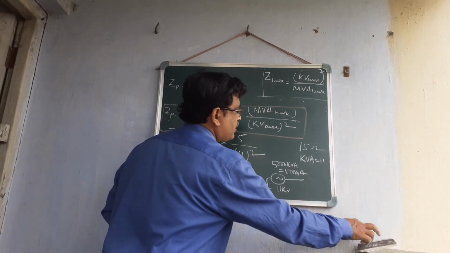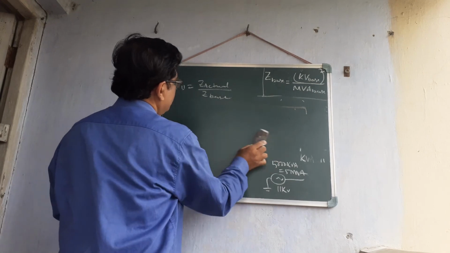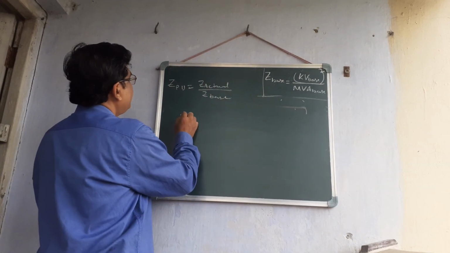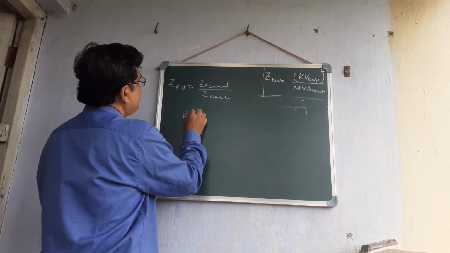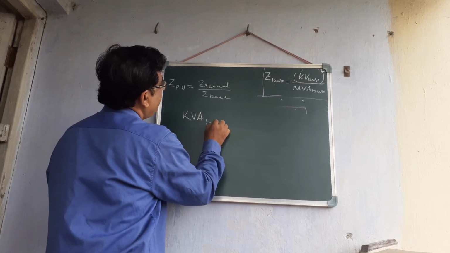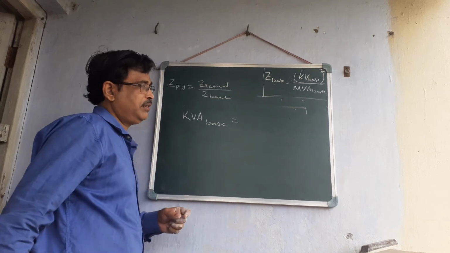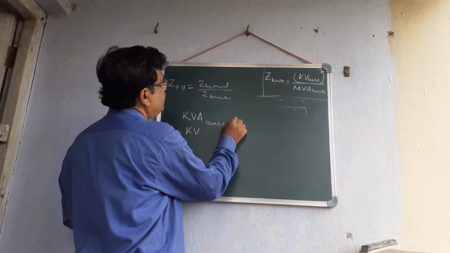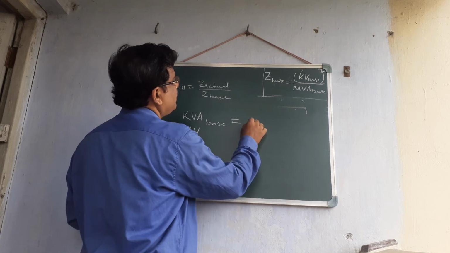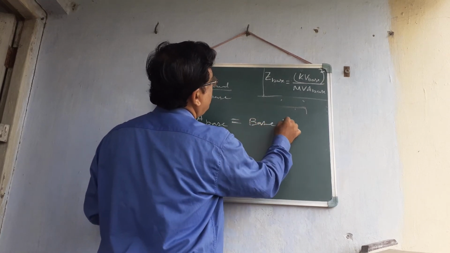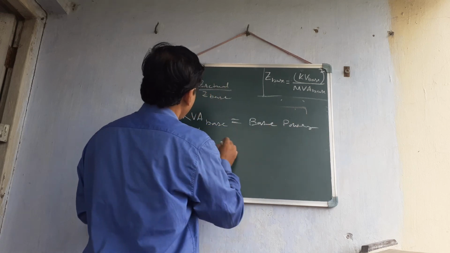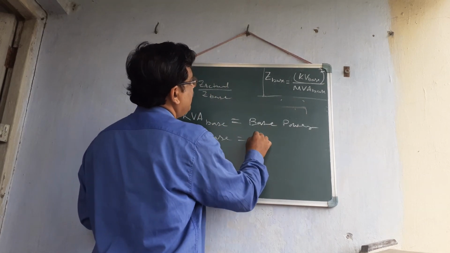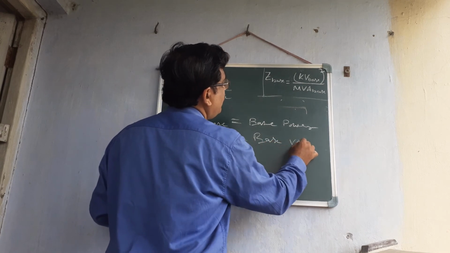For the per unit system, we have to select a base kVA, which is the base power, and a base kV, which is the base voltage.